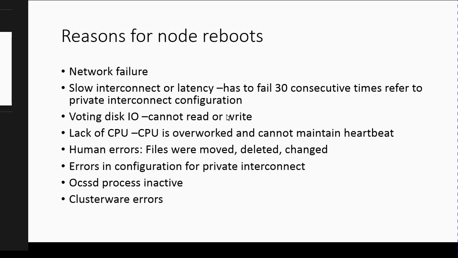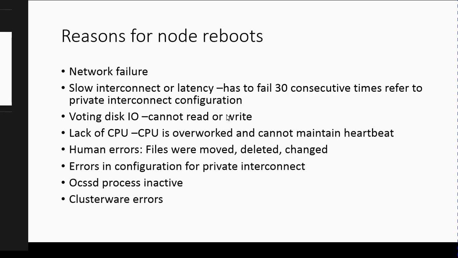Let's say you're overworking your CPU, you have multiple configurations all around the system, and then the CPU cannot account for the heartbeats, the network heartbeat and the voting disk heartbeat. And also you have things such as human errors, where files are moved around or changed.